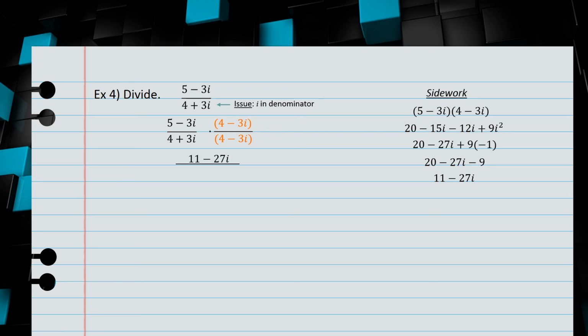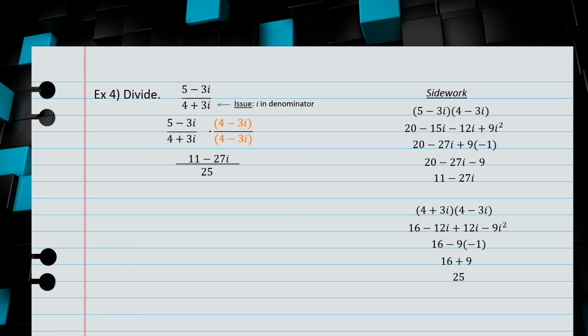Now the denominator has 4 plus 3i times 4 minus 3i. So again, on the side of your paper, take a moment now to multiply. Hopefully you found the result to be 25. And so our result appears to be 11 minus 27i all over 25.